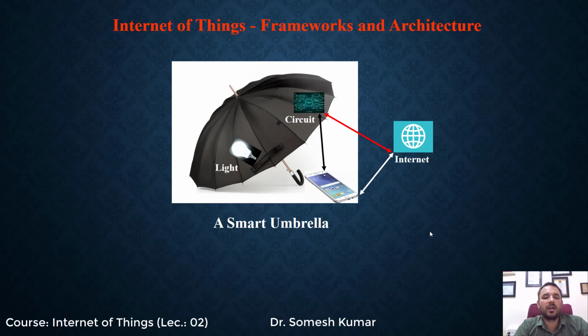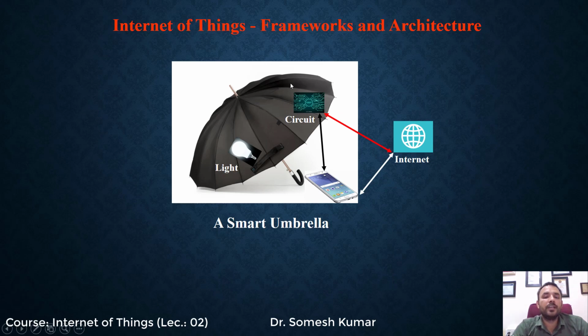So how does this smart umbrella work? Basically this circuit is directly connected to some weather forecasting system or some weather forecasting site. So this circuit gets the weather, whether there is rain or the temperature.